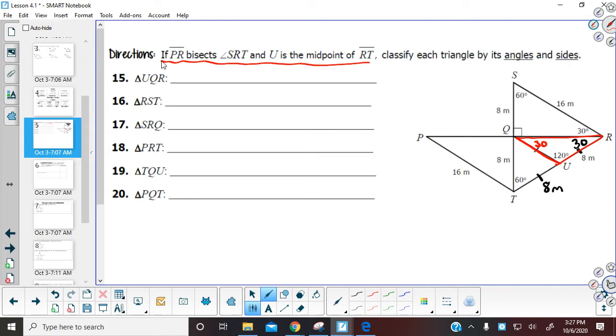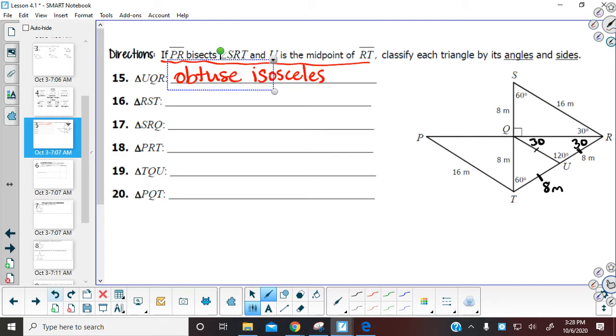So I would subtract that. So we have one obtuse angle, which means that it's going to be an obtuse triangle. Let me go ahead and get those out of there. So you have an obtuse triangle, because at 120 degrees, you have two sides that are the same. That makes it isosceles.